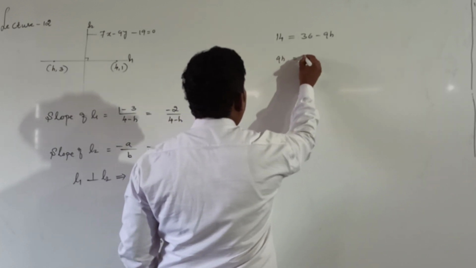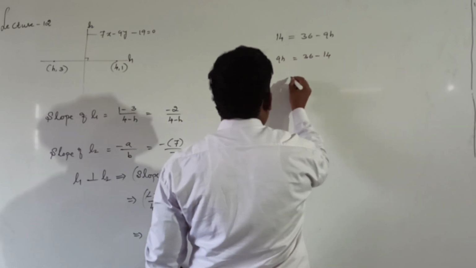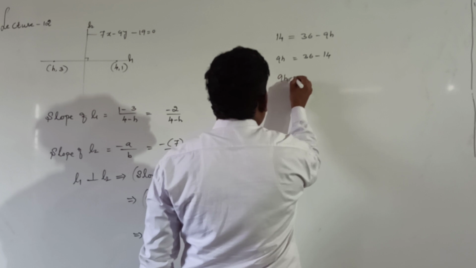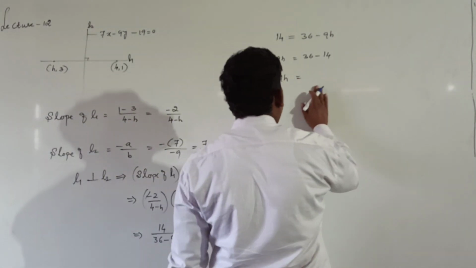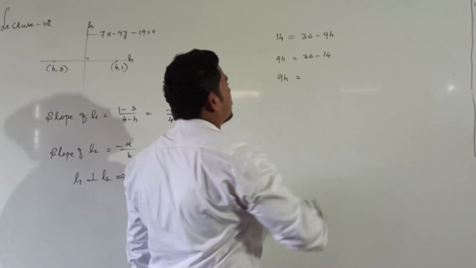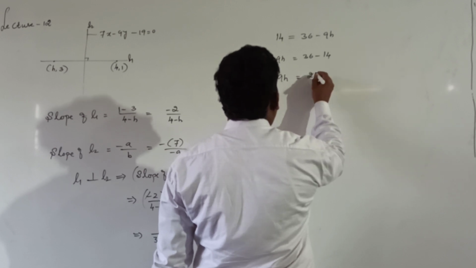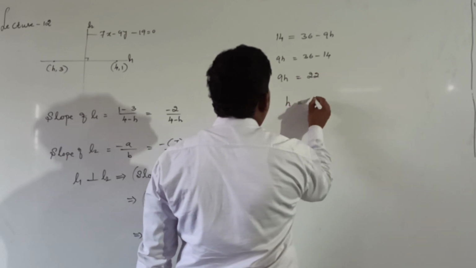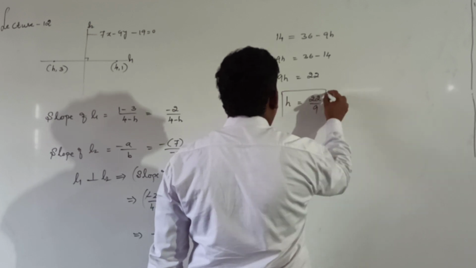Then 9h equal to 36 minus 14, 36 minus 14, it will be 22, right? Then h is 22 divided by 9.